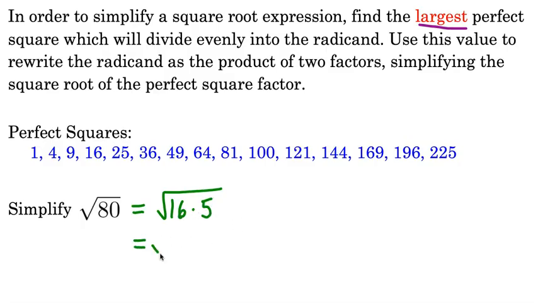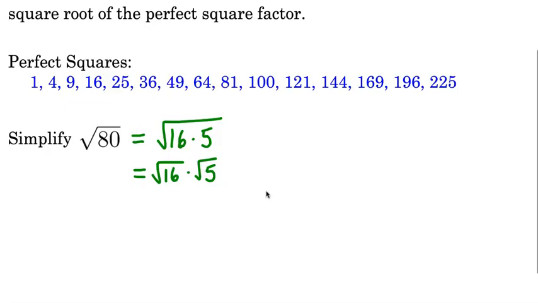Then we use the property we stated before, so we can separate this to the product of two separate square roots. And then we can simplify the square root of the perfect square factor to get 4 square root of 5.